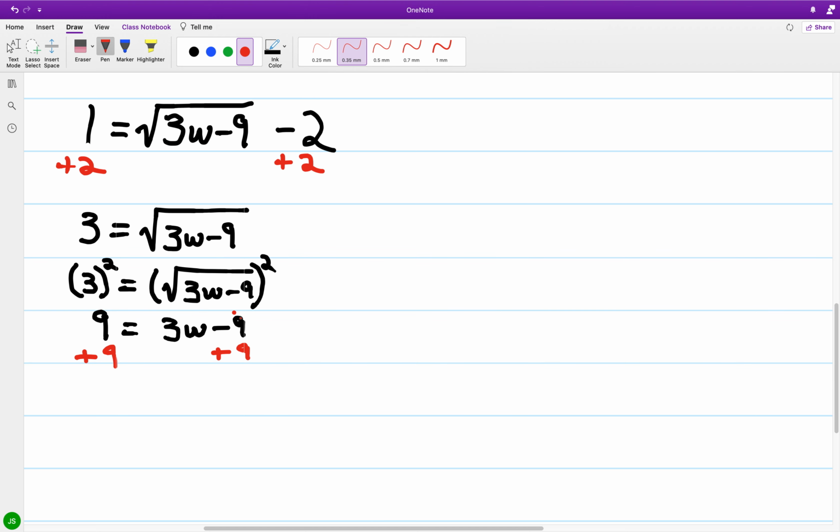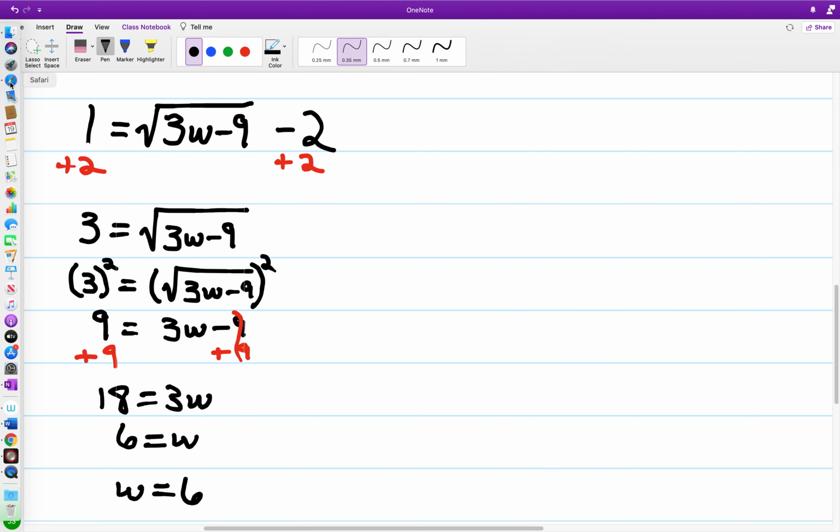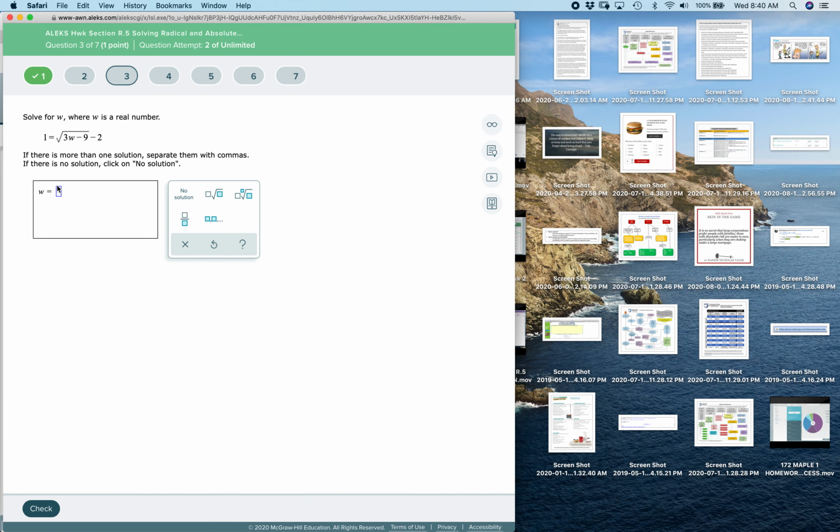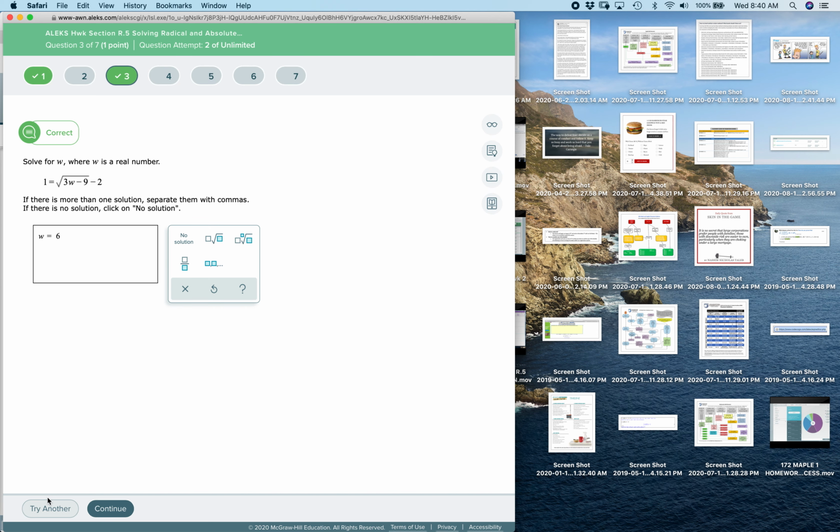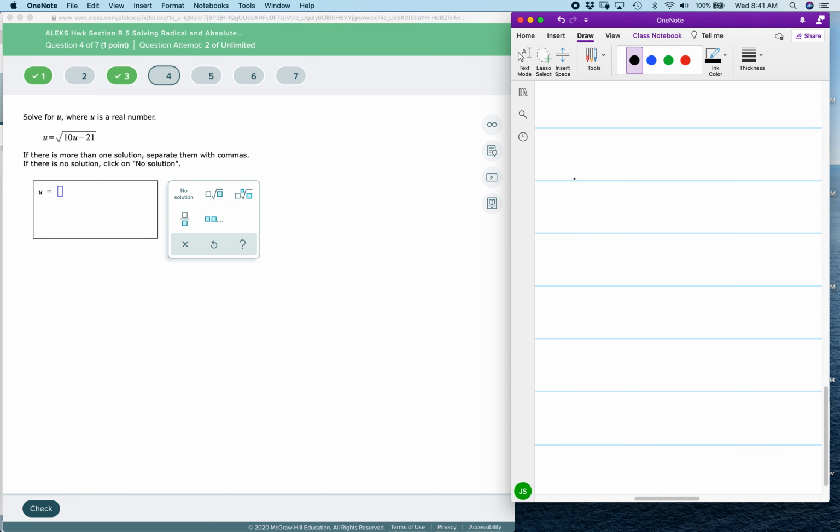Upon adding 9 to both sides, we have that 18 is equal to 3w, and dividing both sides of the equation by 3, we have that w is equal to 6. Checking what we have here, the result is correct.